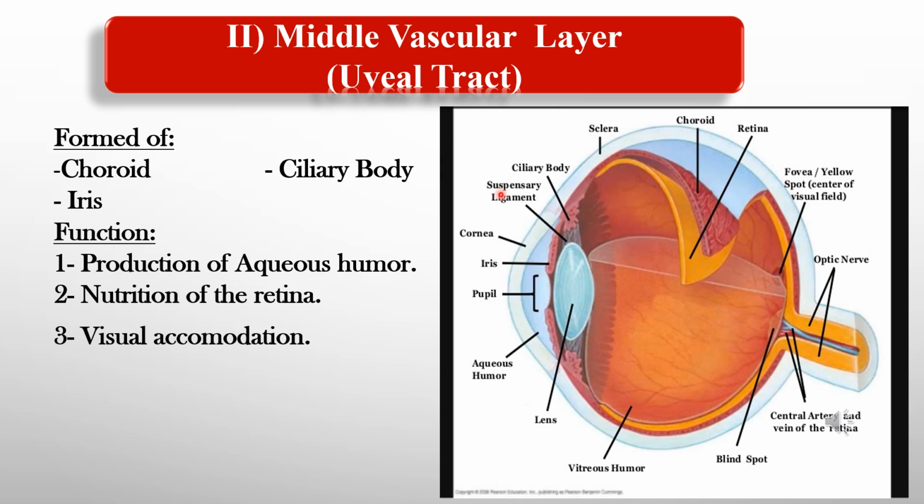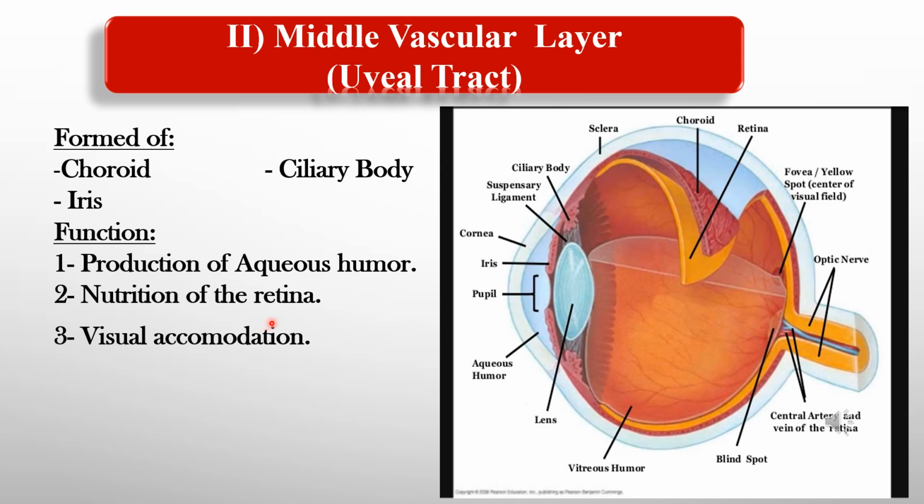The function of the middle vascular layer or the uveal tract is the production of the aqueous humor, as we mentioned, produced by ciliary processes, entering the posterior chamber and passing through the pupil to the anterior chamber.